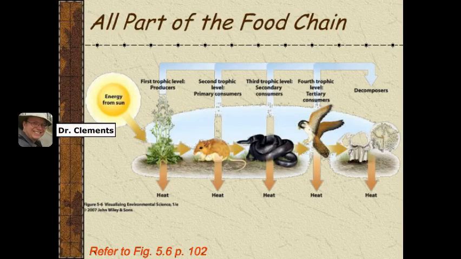Here we are at the first trophic level, and the first trophic level represents the plants. And so another word for the first trophic level, these are the producers, okay? The producers, the plants, first trophic levels. Now, we talk about feeding in terms of what do you feed on? Well, what do plants feed on?